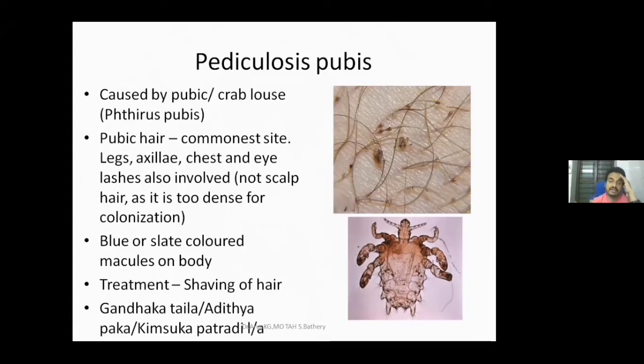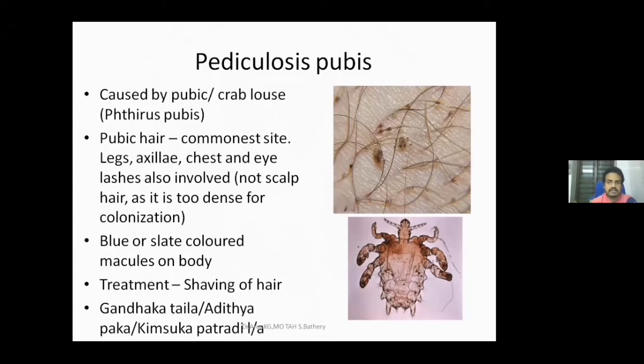So they fear it, and I got a few cases where they were not at all familiar with this organism. It is very difficult to remove. It sticks on the body, in the pubic area, chest area and axillary area. In the chest area this will be more prominent.